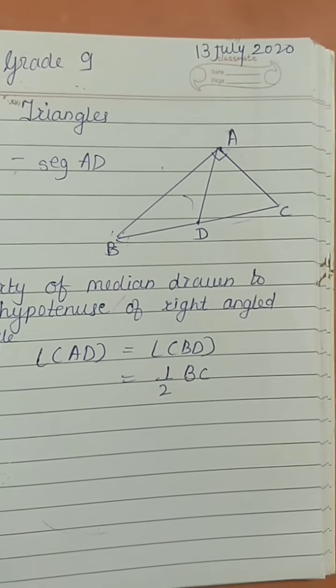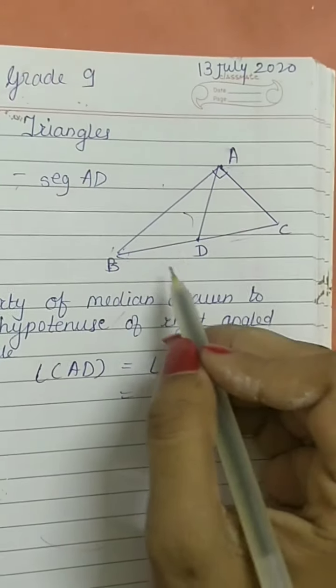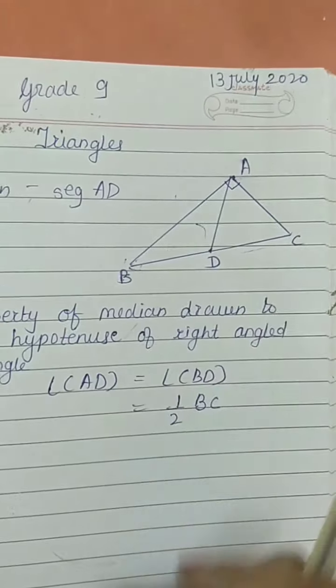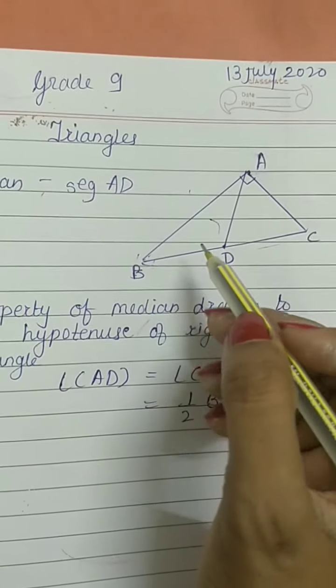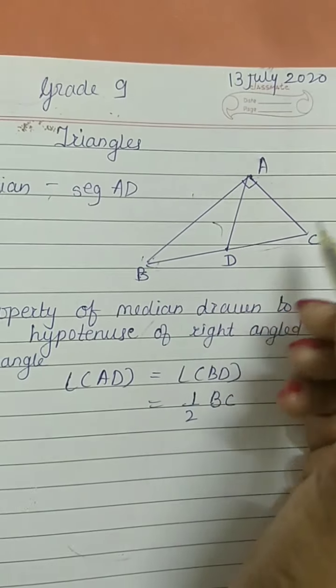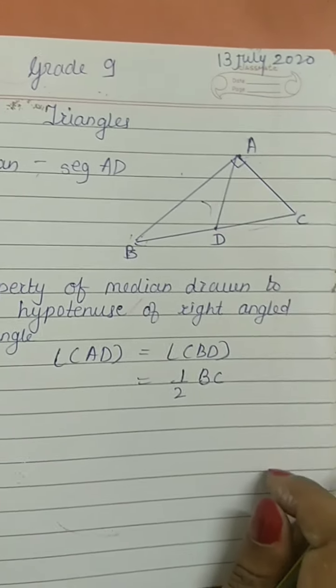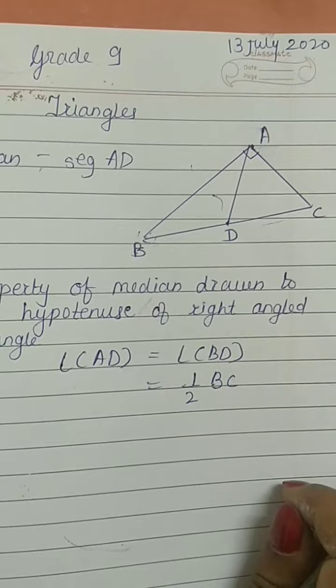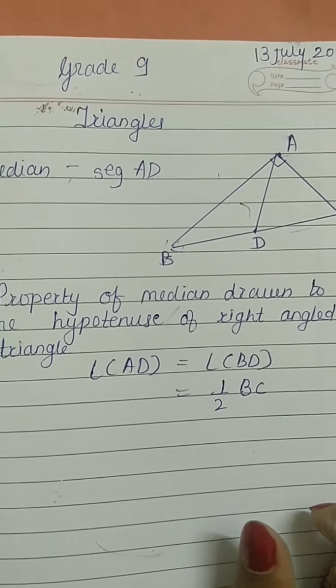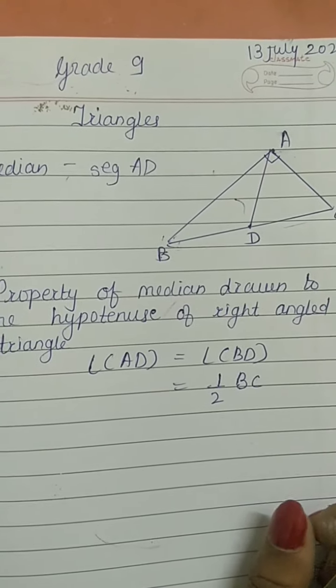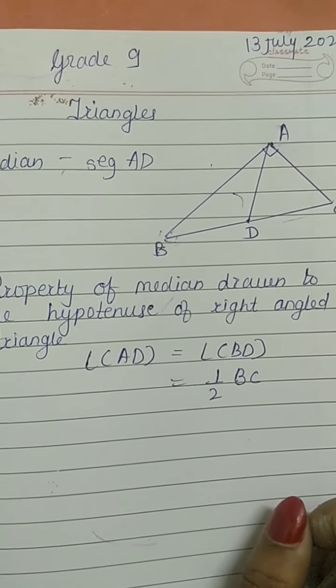Midpoint means it is dividing this BC into two equal parts. So the length of the median will be equal to half of its hypotenuse in a right angle triangle. I hope you have understood. You are supposed to write this in your notebook and send it to me on WhatsApp.